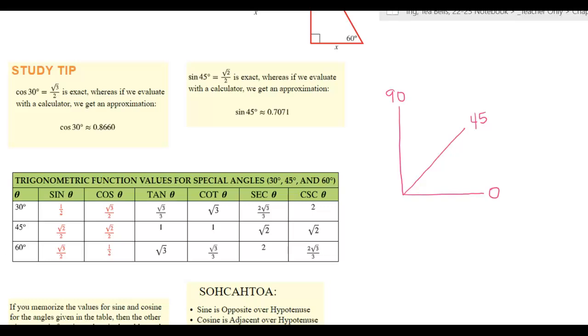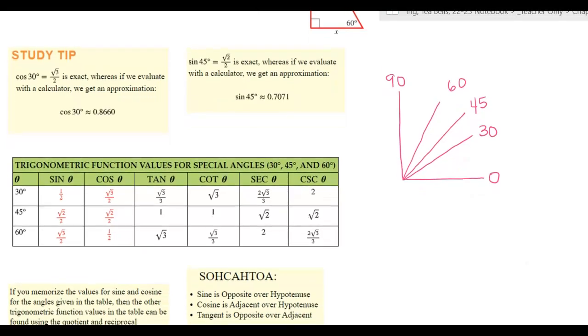Splitting 0 and 45, but closer to the 45, would be your 30-degree angle. And splitting 45 and 90, but a little closer to 45, would be about your 60-degree angle. That gives you a picture of what those look like.